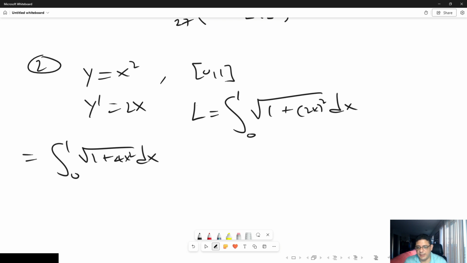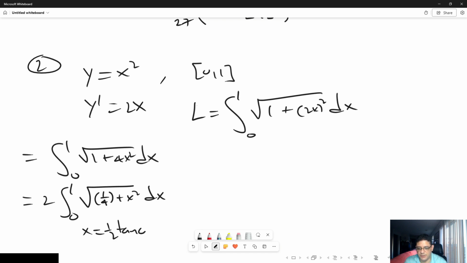And here I can factor the 4, and if I factor the 4, I'm going to get a 2 out, and then this is going to give me the square root of 1 over 4 plus x squared. And so you can kind of see here what the substitution is. x is going to be 1/2 tangent of theta, because of course x squared is going to be 1 over 4 tangent squared of theta.